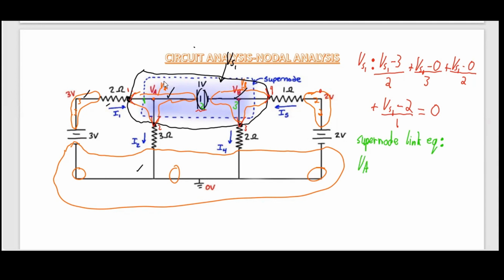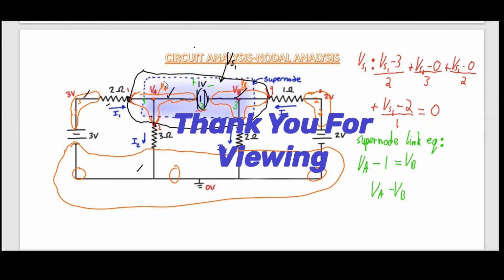This battery here is going from plus to minus, so there's a drop, so it'll be minus 1, and that is equal to VB. And if I write it a nicer way, VA minus VB, we carry the VB across, and we carry the minus 1 across, will equal 1. Yeah, and you're done.